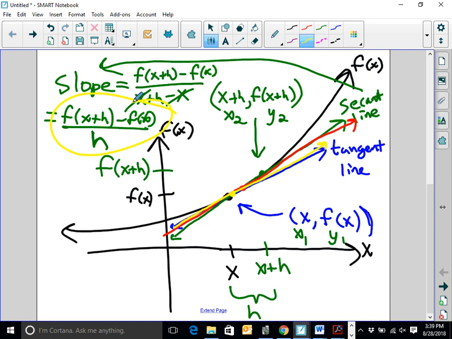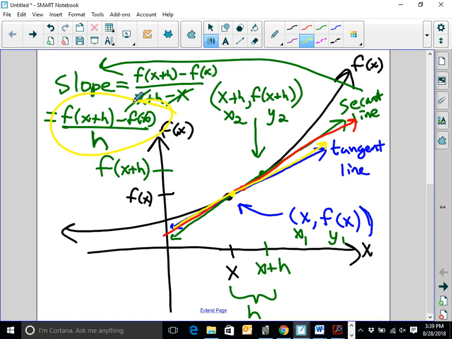If I plug in 0 for h, I end up with 0 over 0. Now, think to yourself, what have we learned how to do in this class that deals with a problem of 0 over 0? The answer is our good friend, the limit. So, the derivative can be approximated by doing a limit as h goes to 0 of that secant line slope.